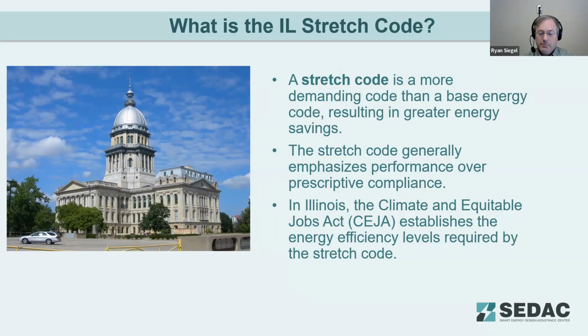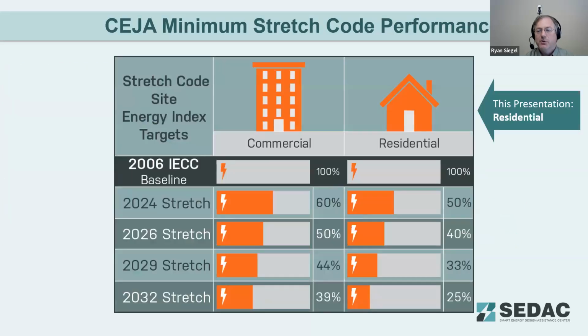This is partly brought forth by the Climate and Equitable Jobs Act, or CEJA, and it has provided forward benchmarks as far as performance. For those of you who might be familiar with our neighbors to the north, the stretch code is kind of like a step code. So this moves forward in relatively predictable steps.